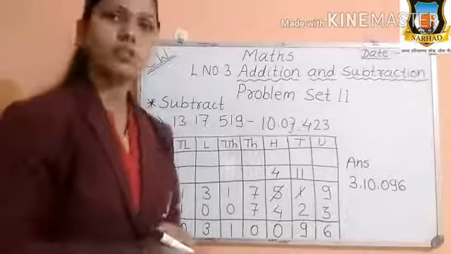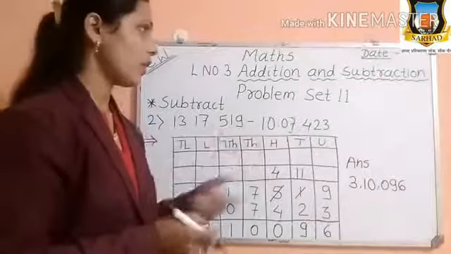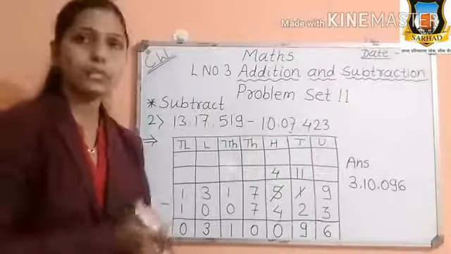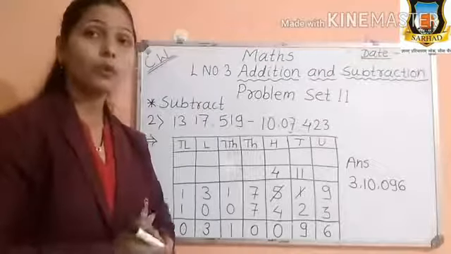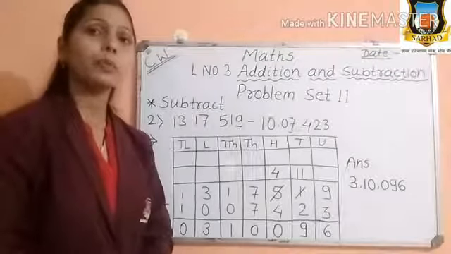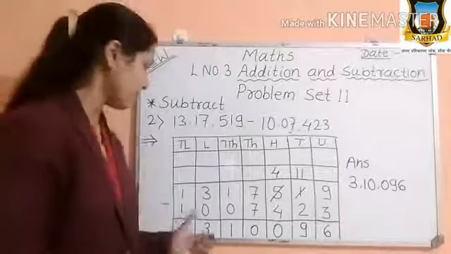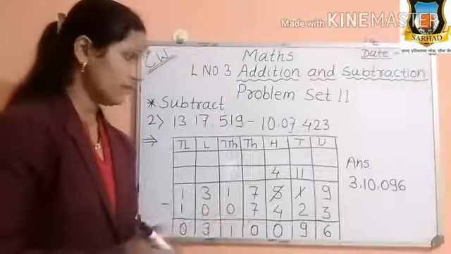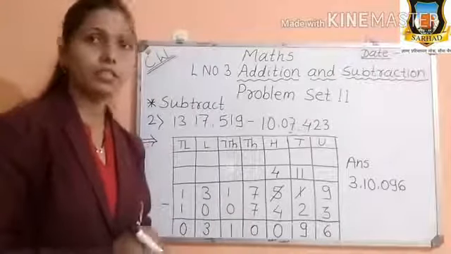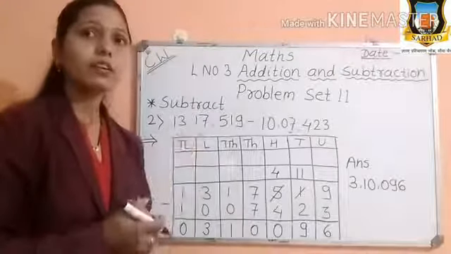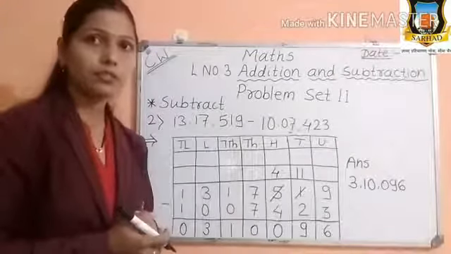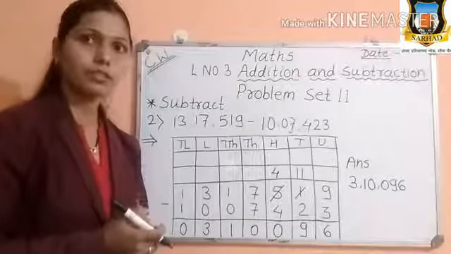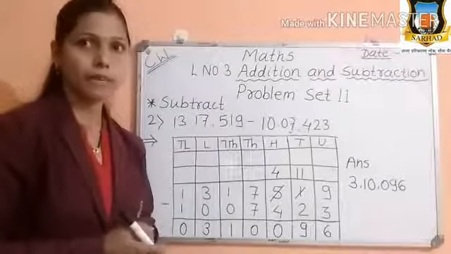Okay, students. So, here I have solved some examples which are based on subtraction. How to do the subtraction? Whatever properties we have seen in the subtraction session, I used the properties of subtraction.